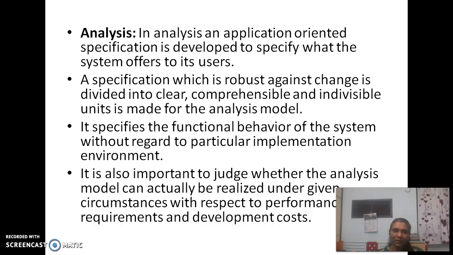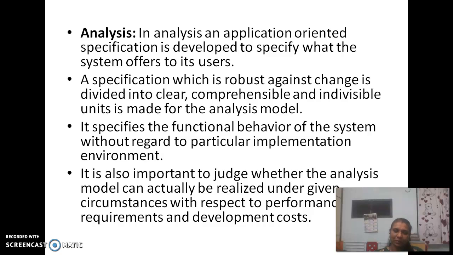All of them put together come in a single specification, and a specification which is robust against change and divided into clear, comprehensible and indivisible units is made for the analysis model. It specifies the functional behavior of the system, without regard to a particular implementation environment.